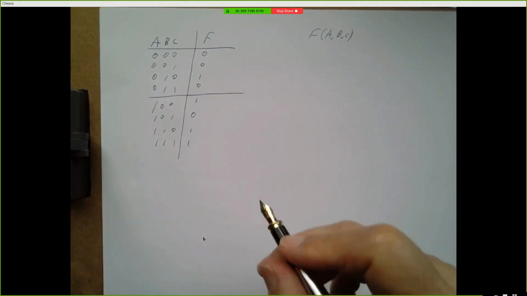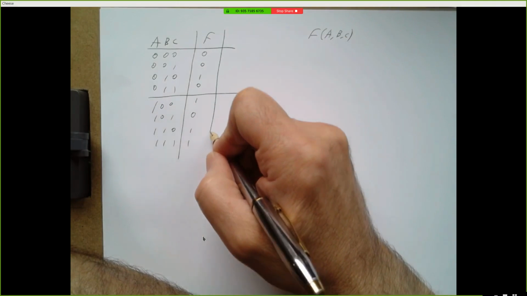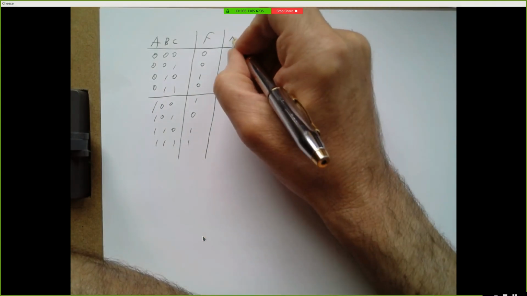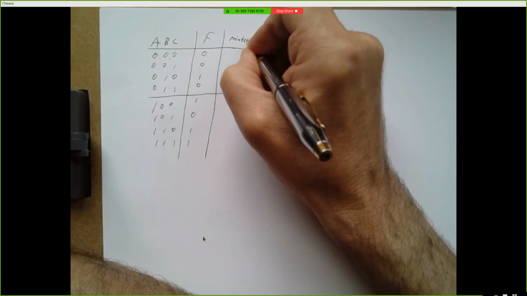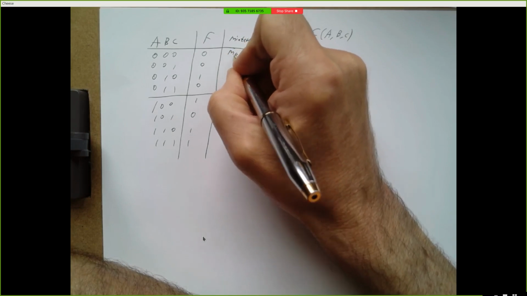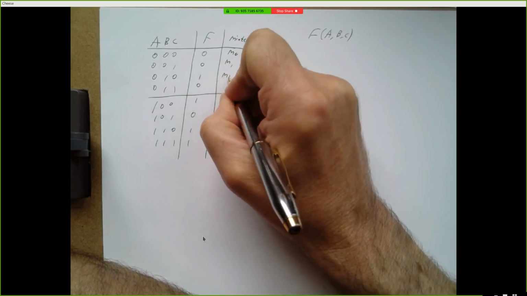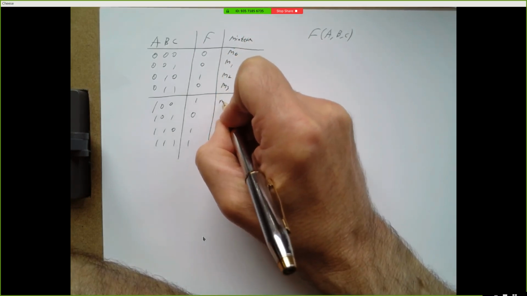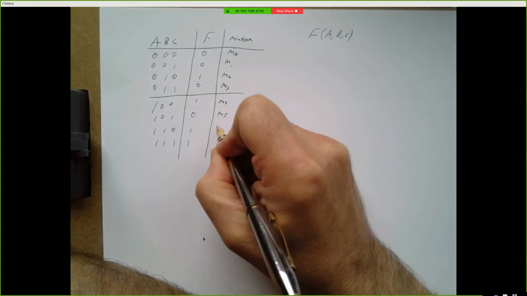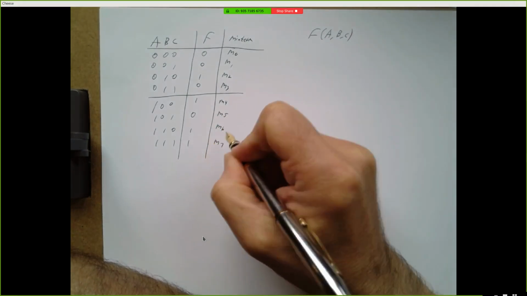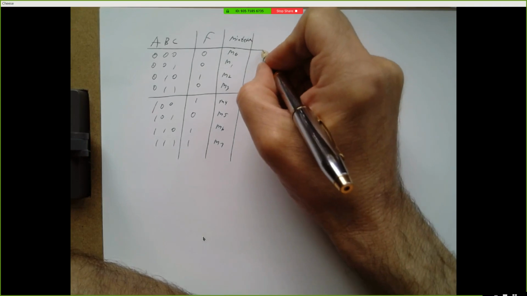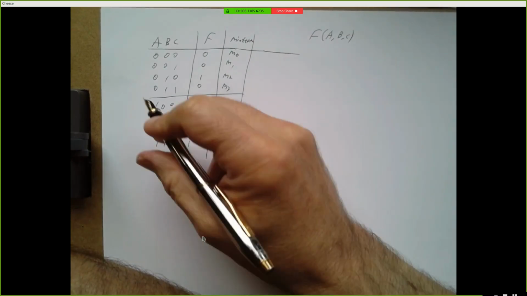Okay, so there's a minterm associated with each of these. This is minterm 0, 1, 2, 3, 4, 5, 6, 7. And we can write out what each of those minterms is.